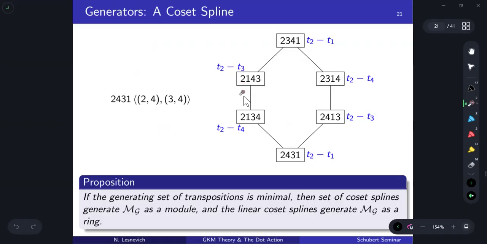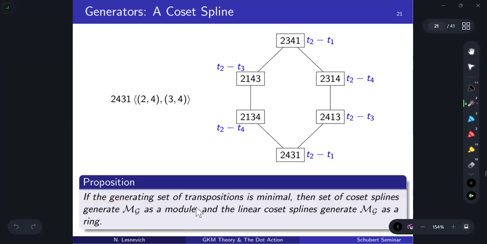So you can imagine in that larger one there is an edge leaving that's labeled T2 minus T3. If I put T2 minus T3, it's going to satisfy that edge condition leaving. It also satisfies all of the internal edge conditions. I can do this for any reflection subgroup, any coset.